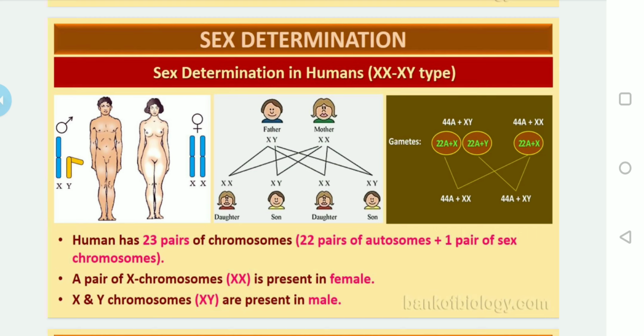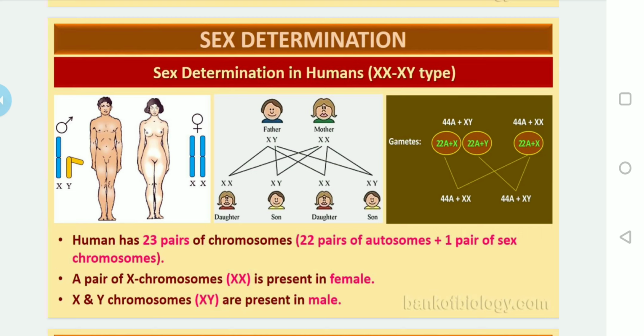As I said in the last class, the sex determination mechanism in man is the XX and XY type. And you know very well that out of 23 pairs of chromosomes, 22 pairs are exactly the same in both males and females.